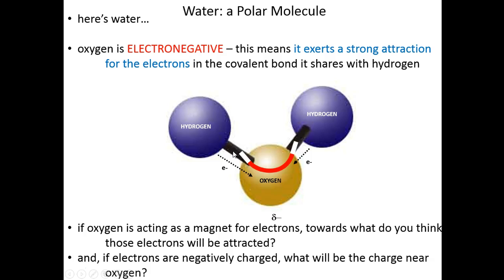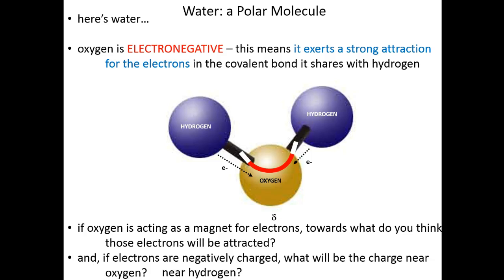Because those electrons aren't always around oxygen, that negative charge is not full. But because those electrons are around oxygen more than they're around hydrogen, oxygen does have that negative charge. That's a partial negative charge, and that's symbolized by this lowercase delta. So anytime you see this baby delta, this lowercase delta symbol that I'm indicating here, with a negative charge next to it, that means partial negative or partly negative.